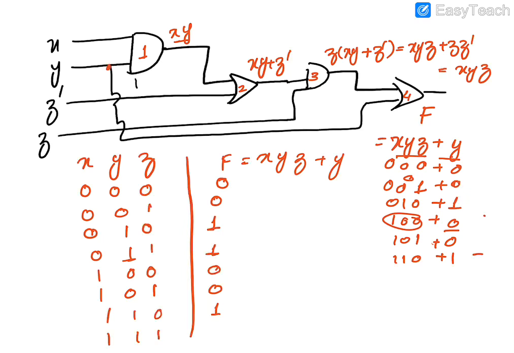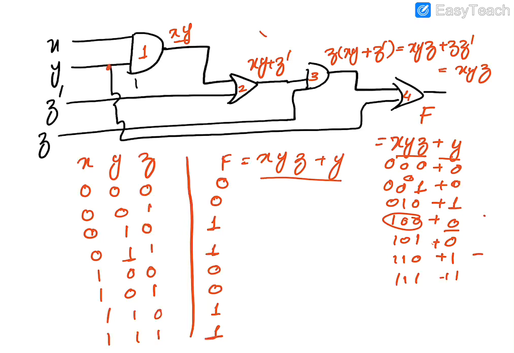When all the inputs are equal to 1, the output is 1, as 1 1 1 plus 1 will be equal to 1. So in this way you will draw a truth table based on the logic or expression which you have written with the help of this given diagram.